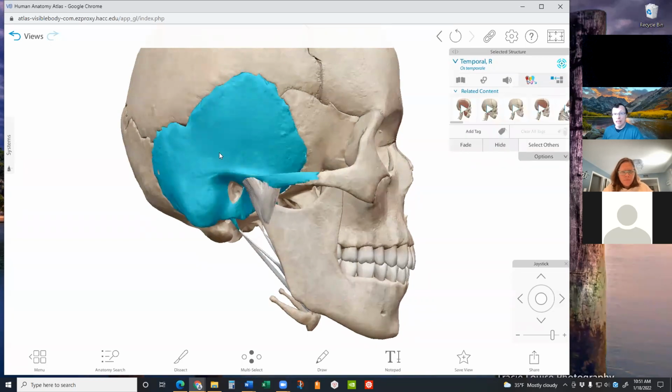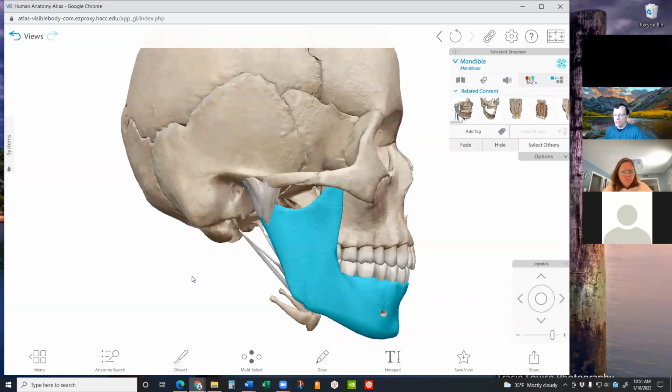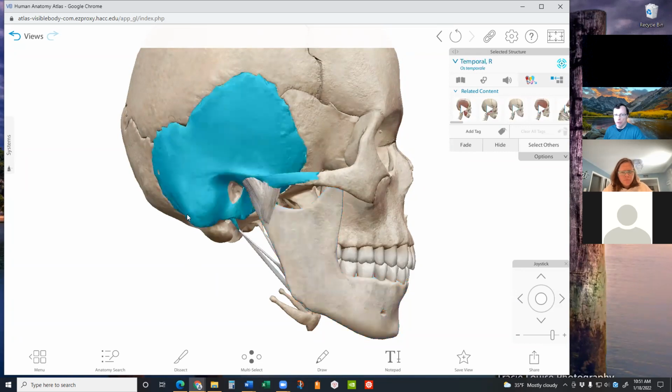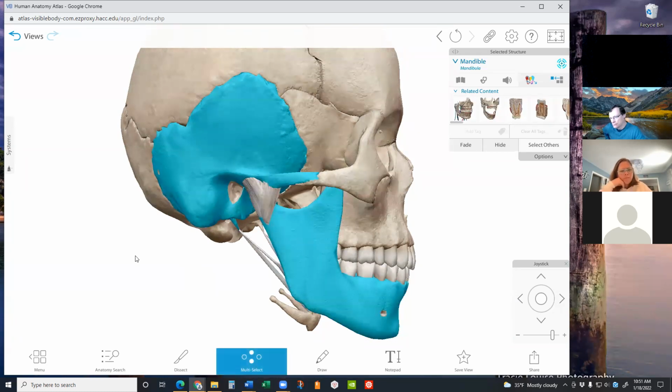So here's the temporal bone. I want to let you stare at it. Here's the mandible. So the temporomandibular joint is where these two bones come together. I can use multi-select in the software and get them both highlighted blue at the same time.